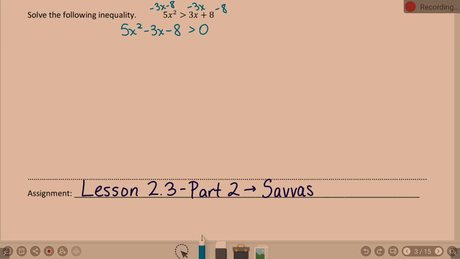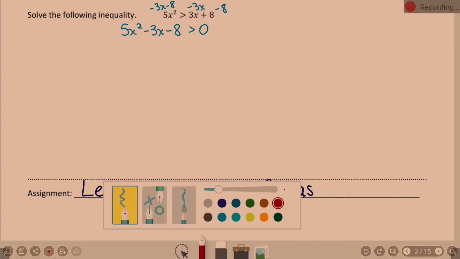What should you be asking yourself? GCF. Is there a GCF? No. Okay, what's my next step? Okay, there's that A value out front, that 5. Because that 5 is out front, you need to slip and slide. So we're going to take that 5 and slide it over here.